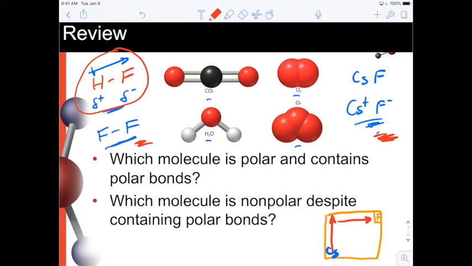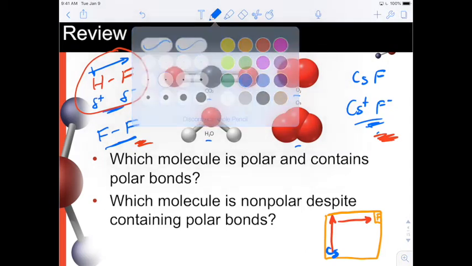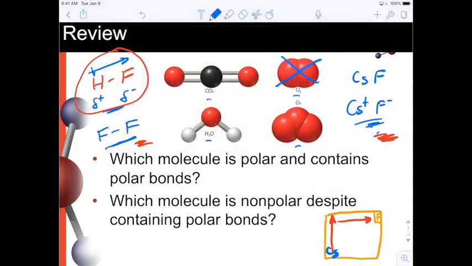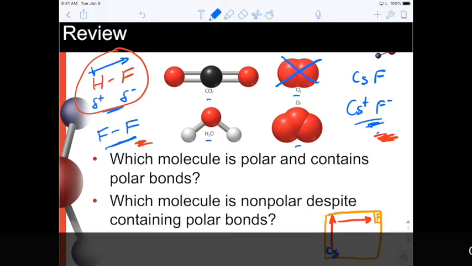So going back to the questions, which molecule is polar and contains polar bonds? Right off the bat, we can say that this one here is going to be nonpolar. 2 oxygens, same electronegativity. 3 oxygens, all the same electronegativity.